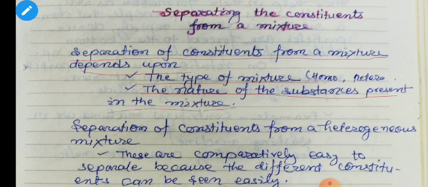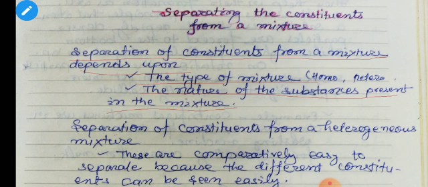That means which type of substance is present in the mixture. And it is very important to note that in a heterogeneous mixture, the constituents present have a clear boundary of separation. This thing we have discussed many times. Therefore, their separation is quite easy by some physical methods.